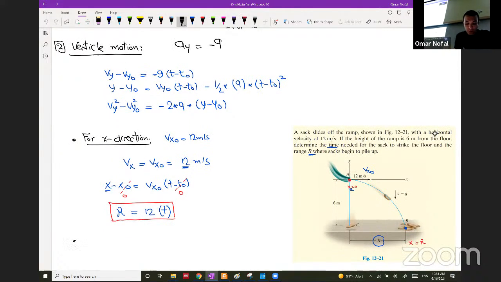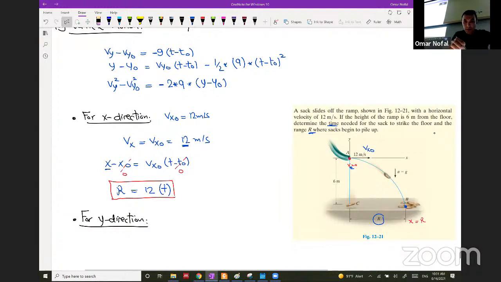So for the Y direction, let's start solving. We know Y node is equal to 0, because here are our X and Y axes, and we know the final Y of the stack is equal to 6 meters.